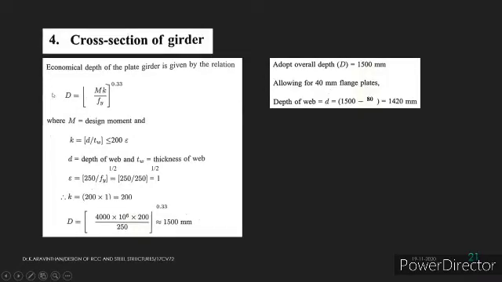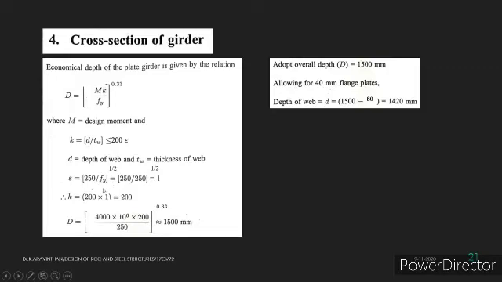For providing an economical section, we have a formula: depth d equals (M by K divided by Fy) to the power of 0.33. Here M is the design moment and K is a constant. D by tw should be less than or equal to 200 times epsilon. This relation is known as K. To find epsilon, it is 250 divided by Fy, power 1 by 2, that is the root.